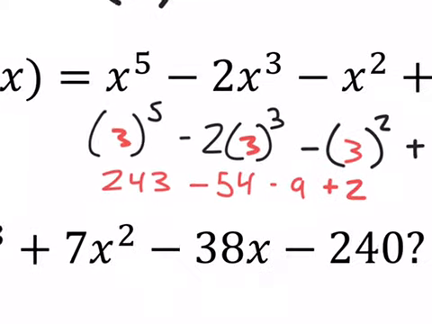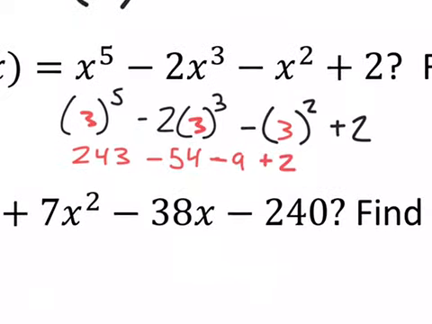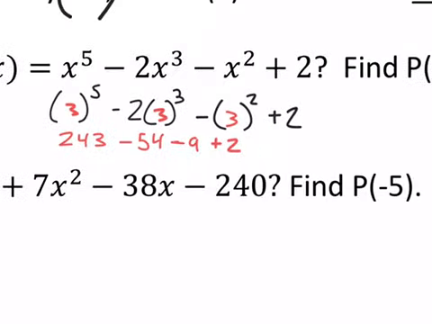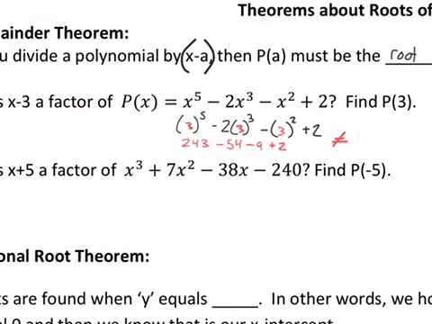You can see just by common sense that this will not equal 0. It doesn't even matter exactly what it equals; it's in the 100s somewhere. Since it's not 0, that would not be a factor. That was the remainder theorem that we were using at the end of 5.4, part 2.